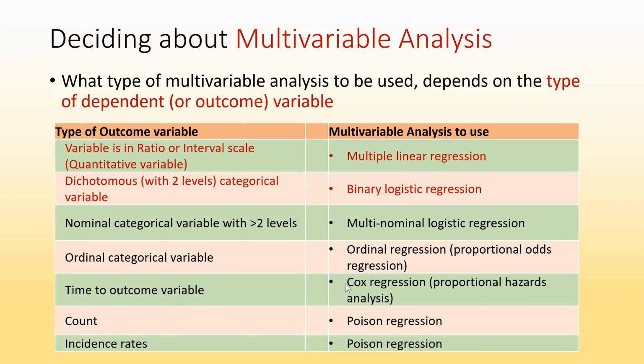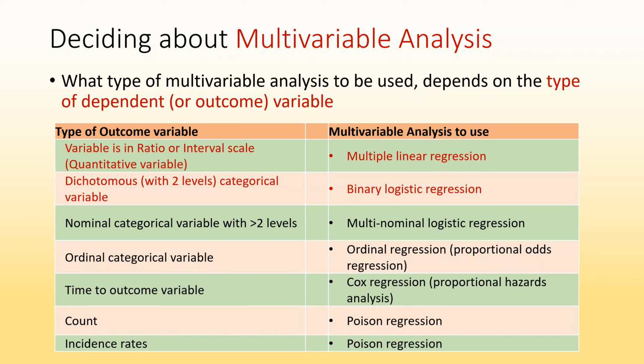Cox regression is used to analyze data where time is concerned. For example, survival time. Sometimes we analyze our data to understand what would be the 5-year or 3-year survival probability of a disease after being treated or not being treated.